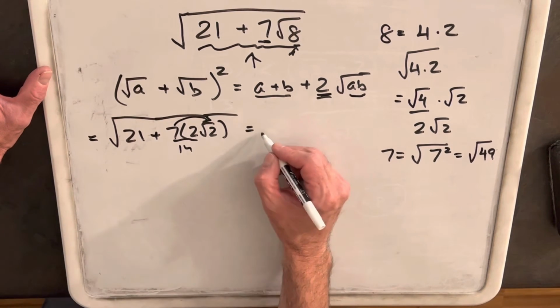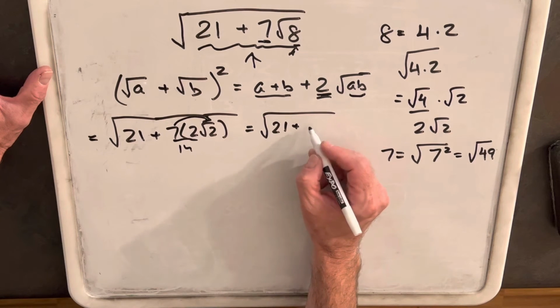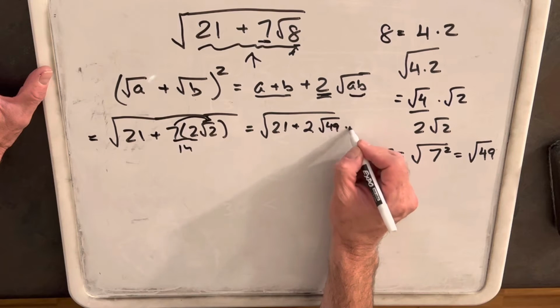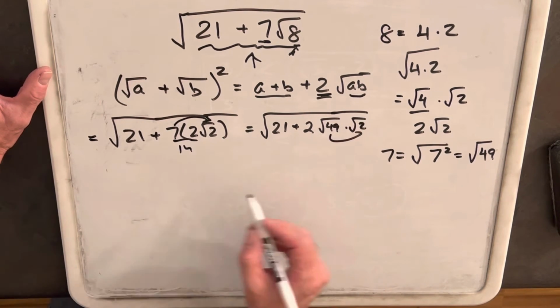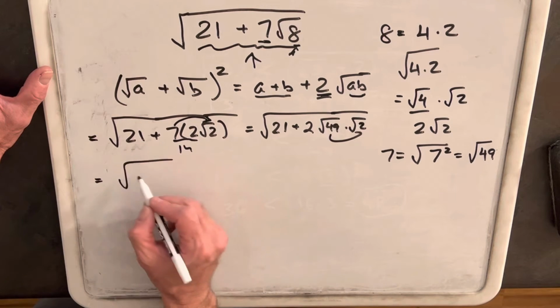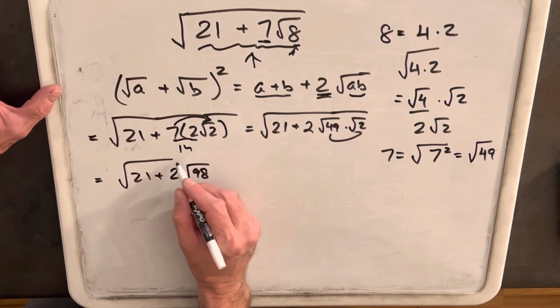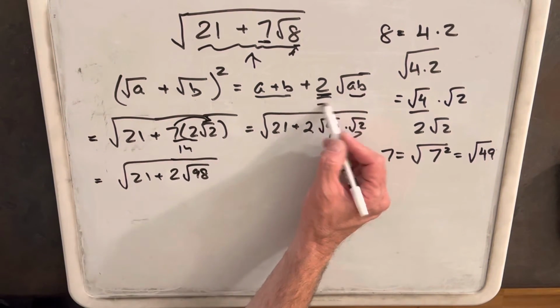Putting that back in what we have here, we're going to have 21 plus 2 times the square root of 49 times the square root of 2. But then we can multiply that together, and we're going to have 21 plus 2 times the square root of 98. And what we've done there is now we have it in this format.